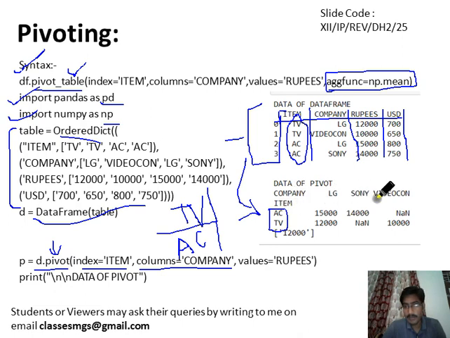So the column labels will become the values from the company column in the original data frame. So in the company column, what are the values in the original data frame? LG, Sony and Videocon.